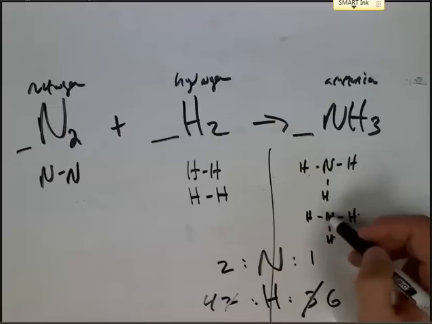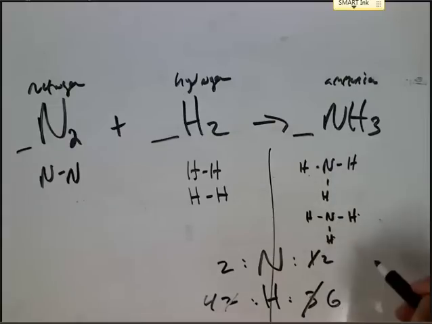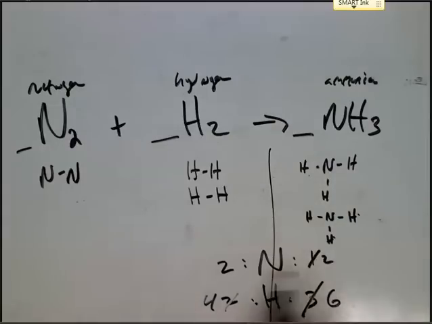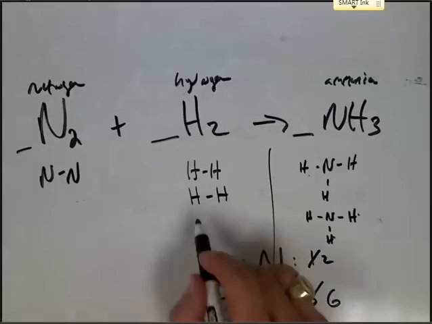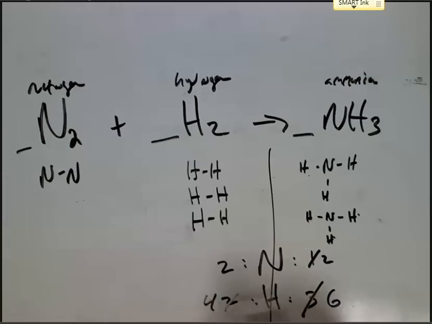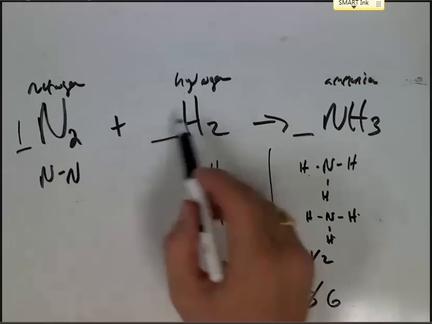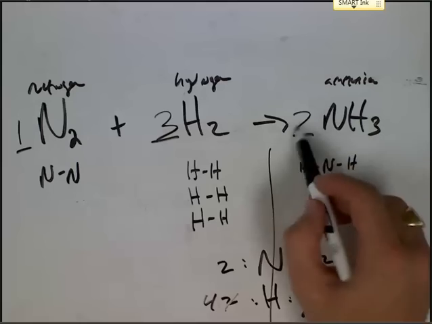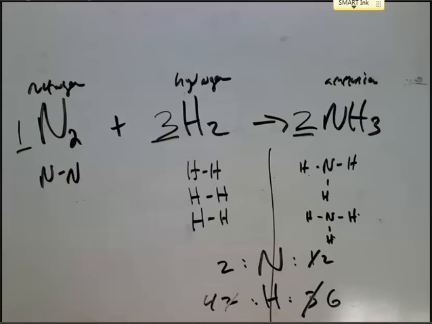I also have changed the number of nitrogens. I've got 2 of them. Nitrogens match, but hydrogens don't. I've got 6 and I've got 4. Fortunately, the only way I can add more hydrogens is 2 at a time. So, I've got 1 N2, 3 H2, and 2 NH3.